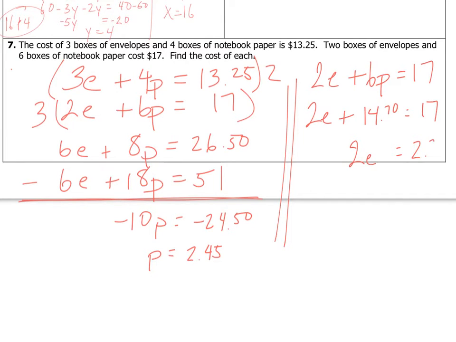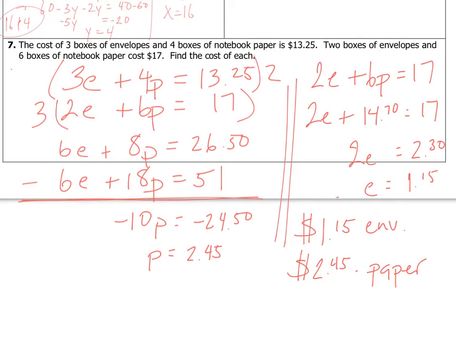Turns out to be $2.30. Divide by 2. E is $1.15. So find the cost of each. So envelopes are $1.15. Notebook paper, $2.45. So this was paper, and this is envelopes.